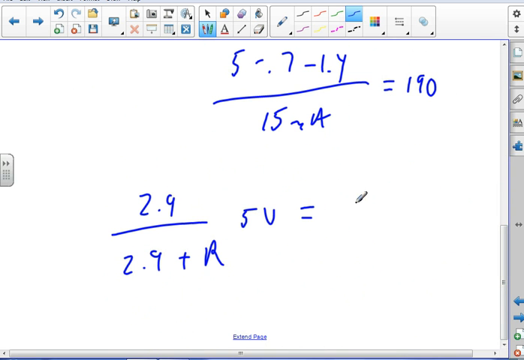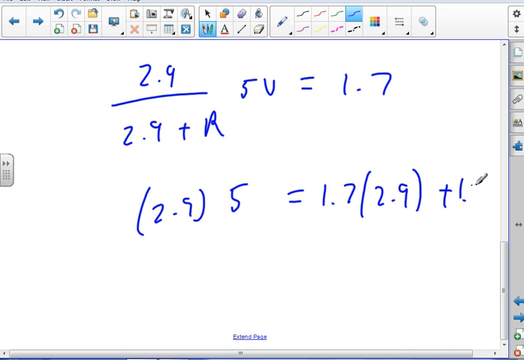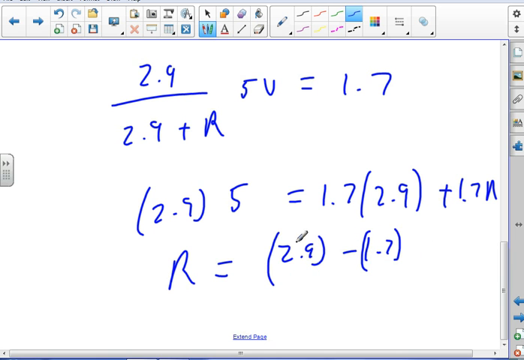That is supposed to be 1.7. 2.9 times 5 is equal to 1.7 times 2.9 plus 1.7 R. R is equal to 2.9 minus 1.7 times 5, 2.9 divided by 1.7.